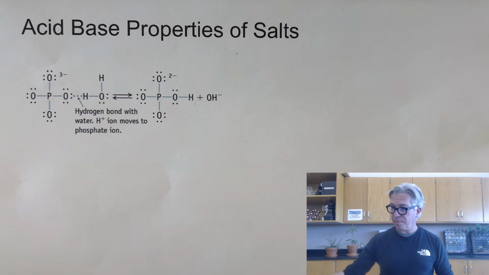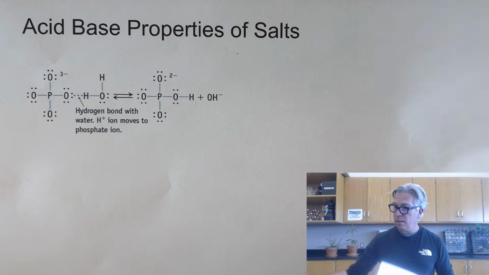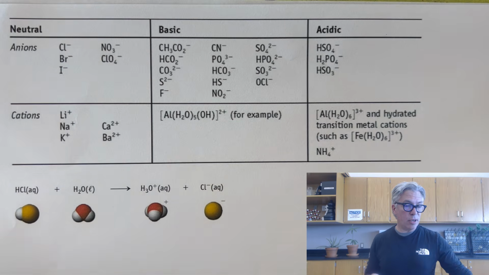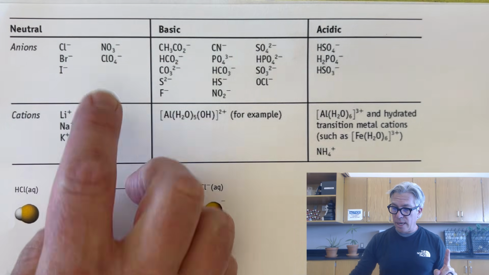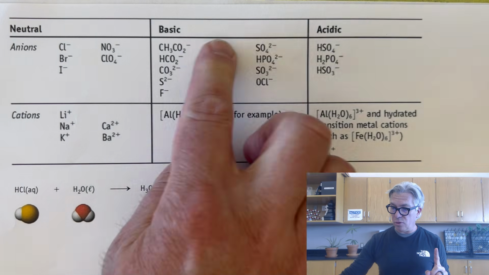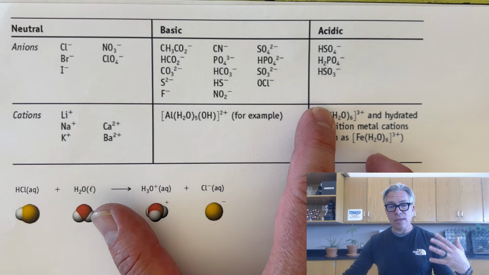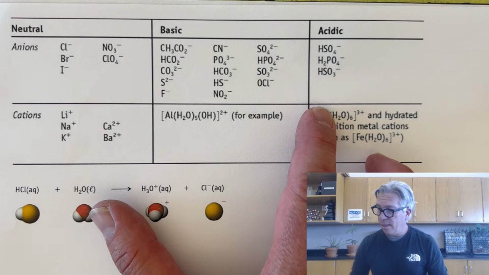So how does it do that? Now, you may have been given a chart of ions that act neutrally, cations that act neutrally, or some that make the solution basic and some that make the solution acidic. But you also have to kind of understand how and why they do that.